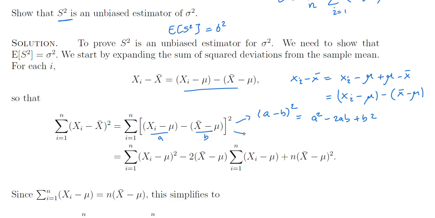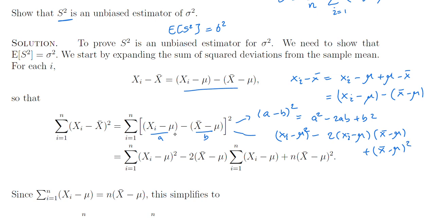So this would be in the form of xi minus mu squared, minus 2 times xi minus mu times the second term x bar minus mu. So that's the middle term, and the last term is x bar minus mu squared.